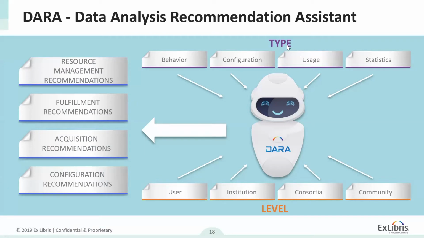So looked at another way, we want to take a look at the data at the different levels, analyze the data, and then make smart recommendations based on that analysis.